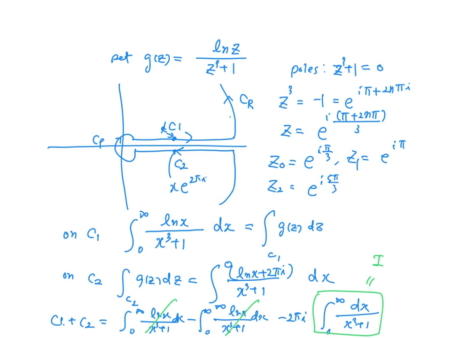So we have 3 poles. One is here, and here, and here. z0, z1, z2. So you only need to evaluate 3 residues. Very simple, right? Not so difficult. So we're almost there.